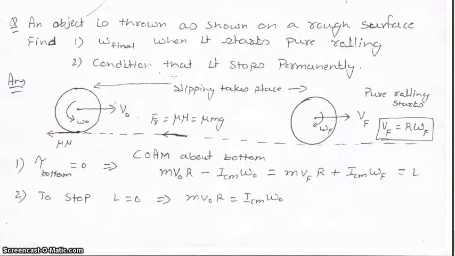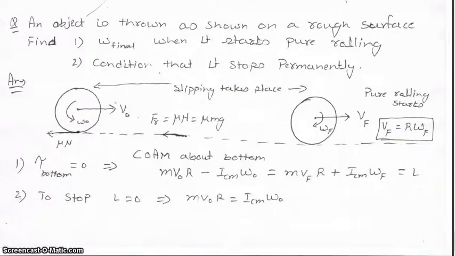In this example, a disk is thrown like this, and you have to find its final angular velocity as well as velocity when it starts pure rolling. The normal force passes through the bottom, mg is also passing through the point of contact at the bottom, and friction is also acting about this point.